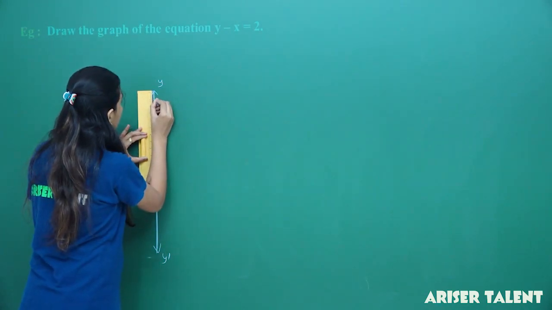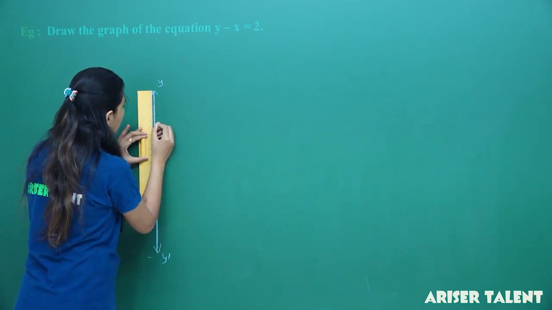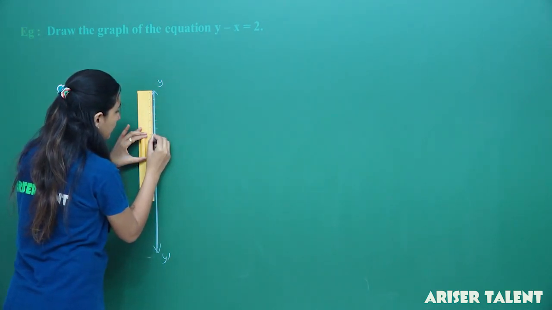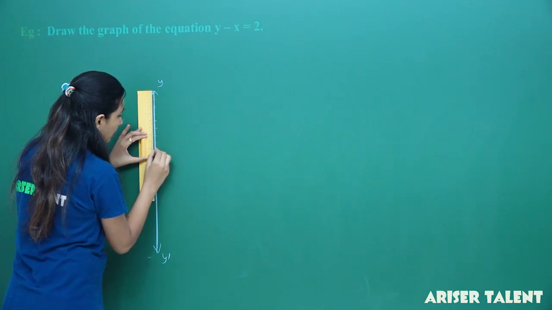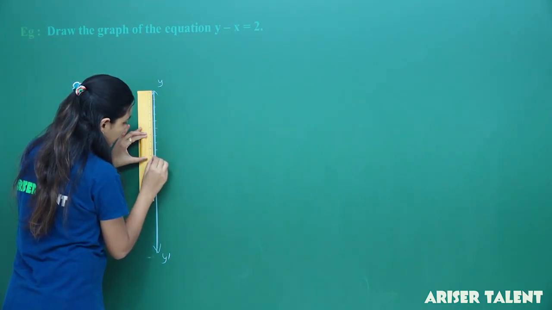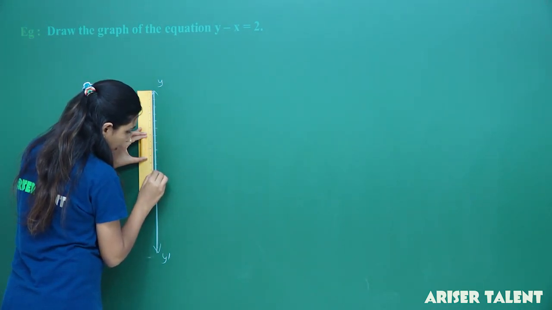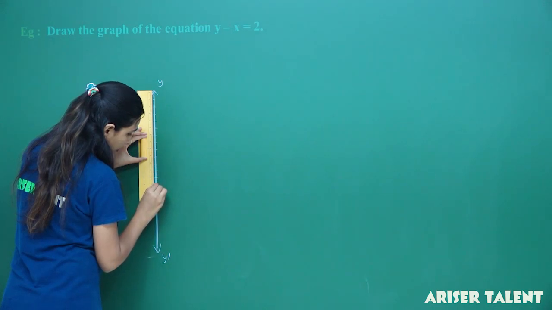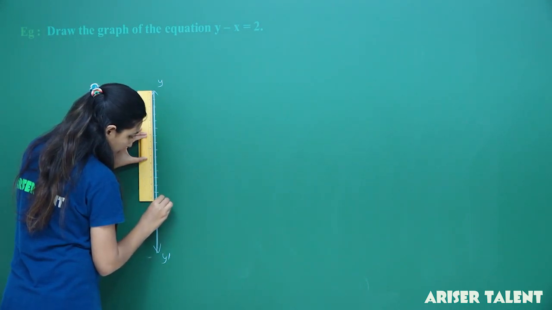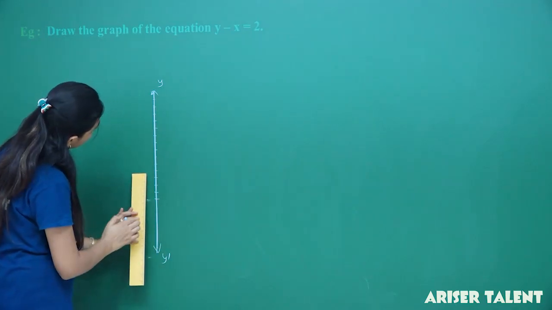Okay, now for sure this is first, second, third, fourth, fifth, sixth, seventh, eighth, ninth, 10th, 11th, 12th, 13, 14, 15, right?